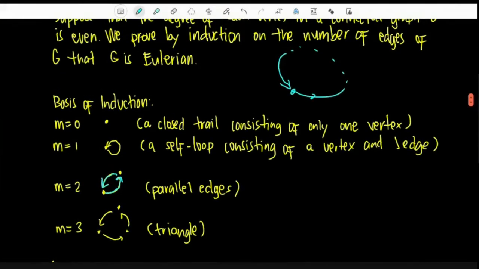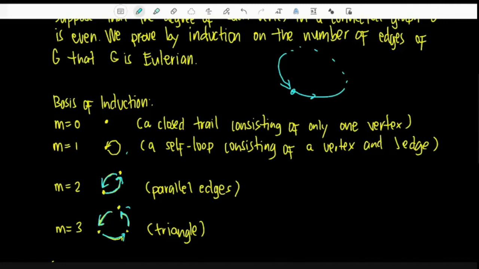If you have a triangle, so ang Eulerian trail mo is you just trace the triangle. So meaning, whether m equals 1, 2, or 3, for as long as the number of edges incident to a point is even, 2, 2, 2, then there's always an Eulerian trail. So we have our basis.